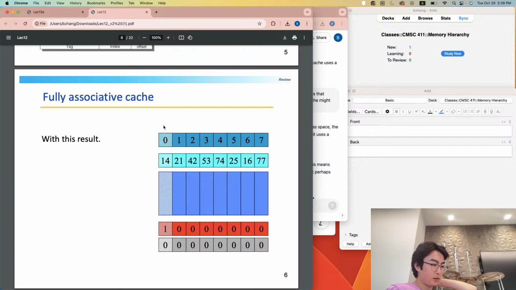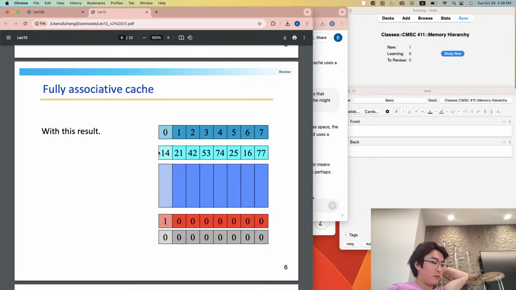So I think this is the index. This is probably the tag, or this could even be the data. I think this is the tag, and this is the data here.